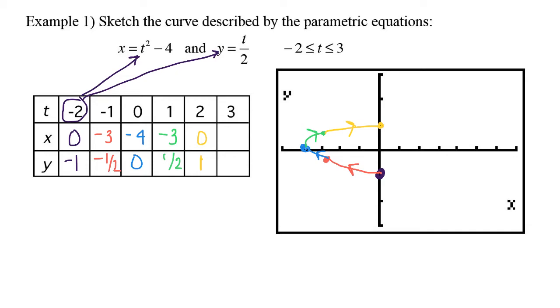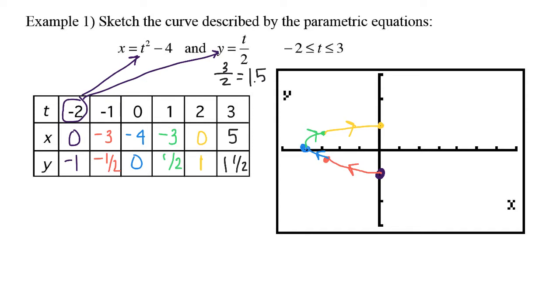And then we have our last point. Let's see. We're going to be plugging in a 3. And if we plug in 3, we're going to get 5. And then if we plug in for y, we get 3 over 2, which is the same thing as 1.5. So we can graph that.